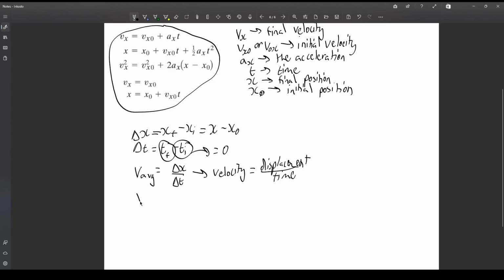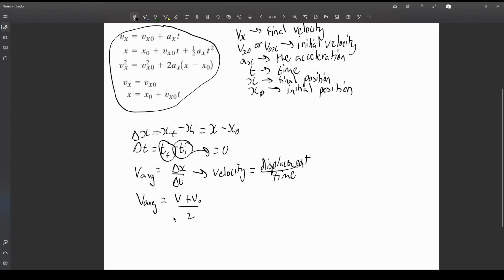Similarly, however, average velocity is also equal to velocity final plus velocity initial over 2. And this makes sense because when you're taking the average of something, it's equating the minimum and the maximum and dividing it by 2. So that's your velocity average.